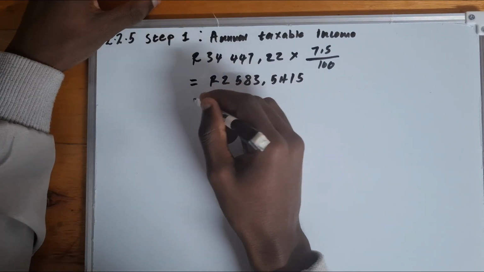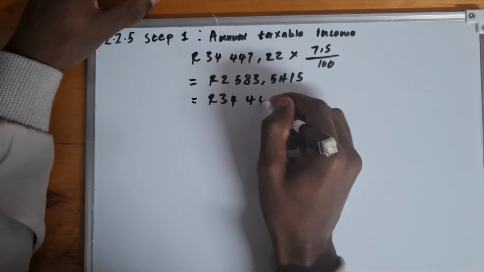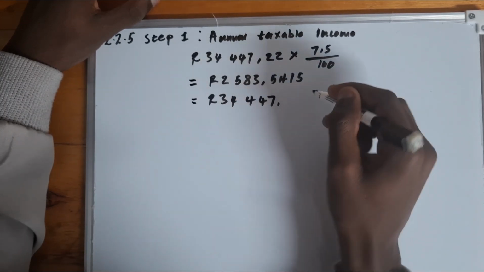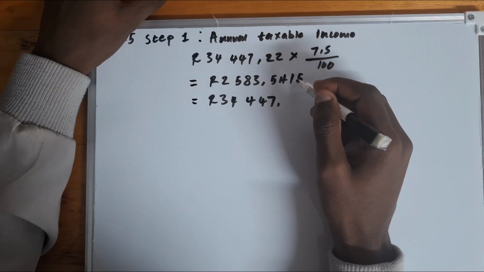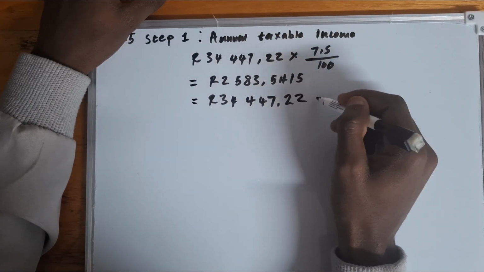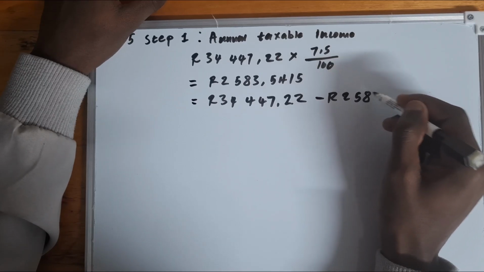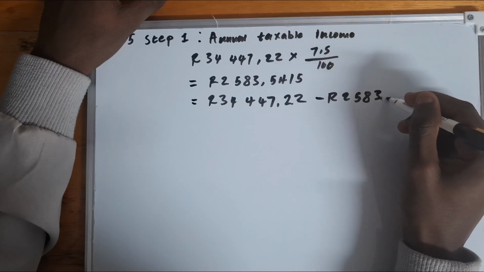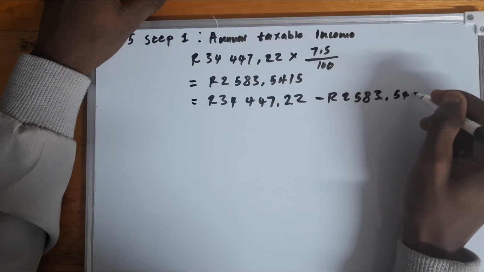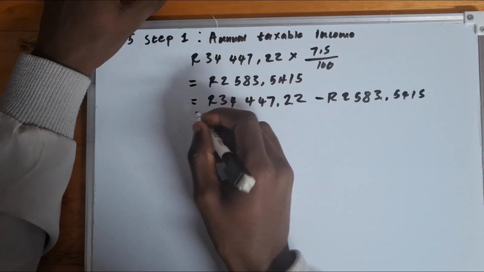So this is our pension fund. So we're actually going to have to subtract our pension fund from our salary in order to get our taxable income. So it's going to be 34,447 and 22 cents minus our 2,583.5415, which is our pension fund.